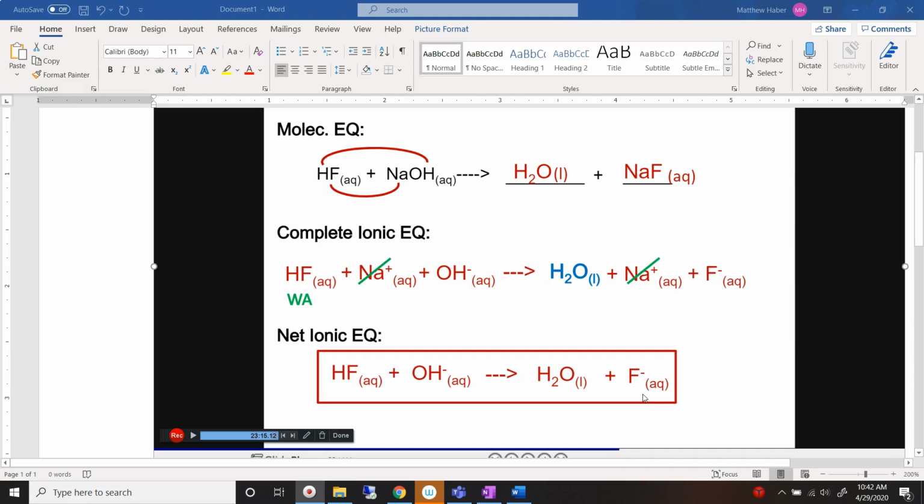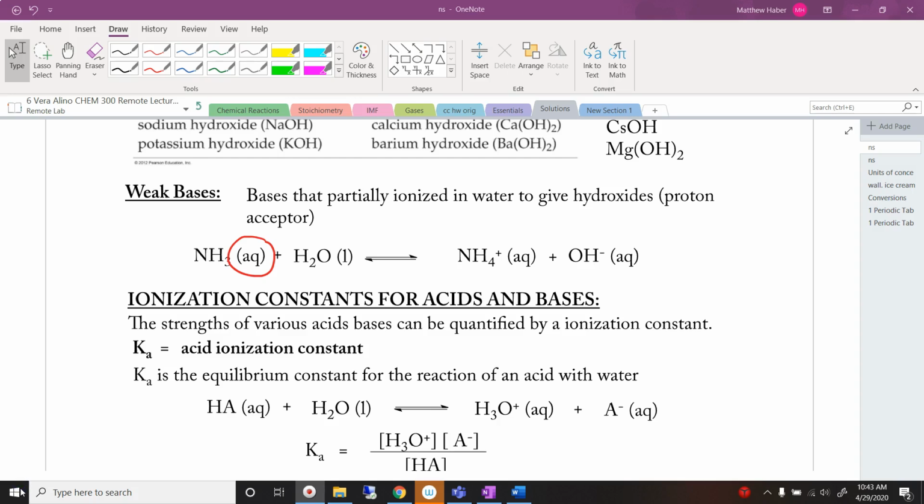So that's what's happening in the net ionic equation of weak acids or weak bases. You're going to see those entities stay intact because, by definition, a majority of these molecules will remain as a compound in water and do not dissociate in water.